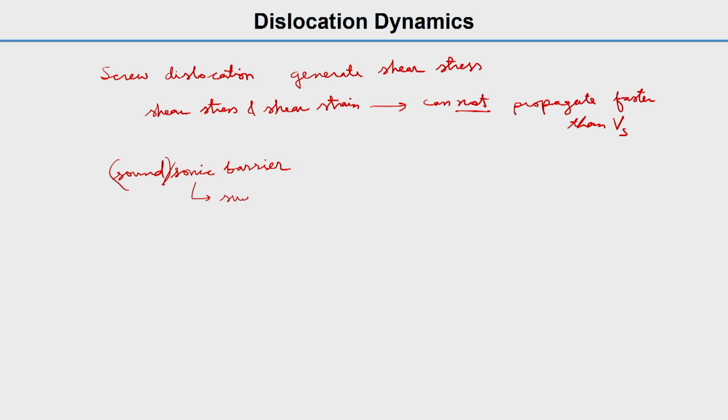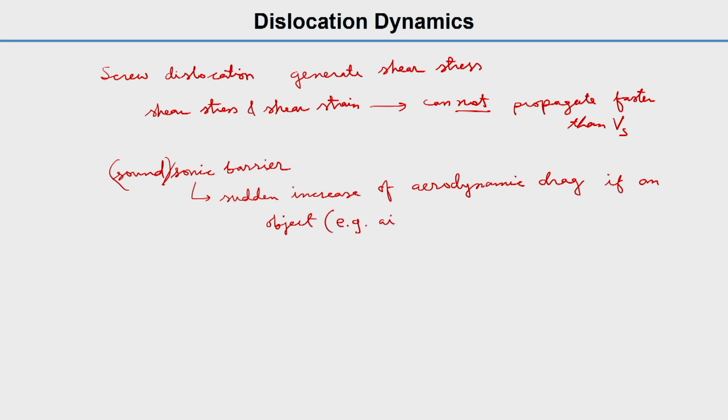The sonic barrier means the sudden increase of aerodynamic drag and other effects if an object, for example an aircraft, approaches the sound speed.